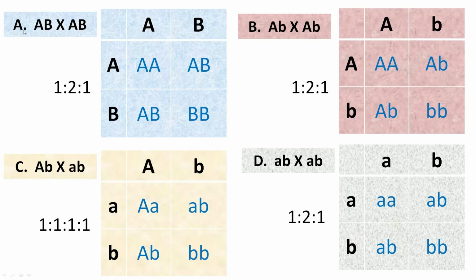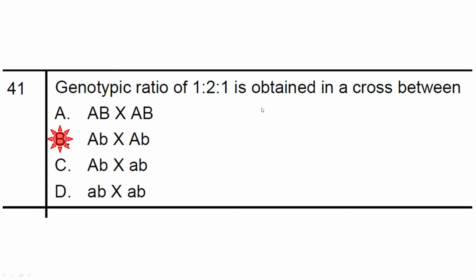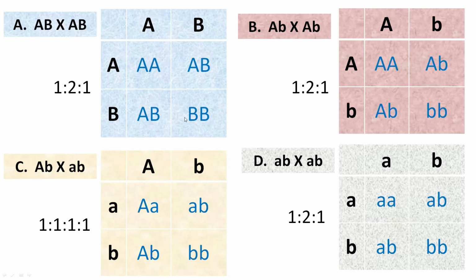So this is cross A, cross B, cross C, and cross D. If you look at crosses A, B, and D, we find that all of them give the genotypic ratio of the next generation as 1:2:1. Here 1:2:1, here also 1:2:1, here also 1:2:1. So all these three options are giving the ratio 1:2:1.